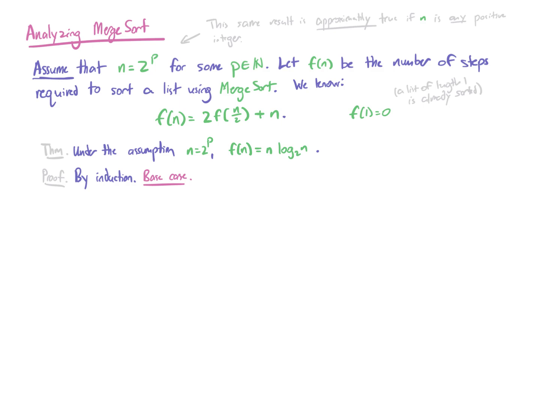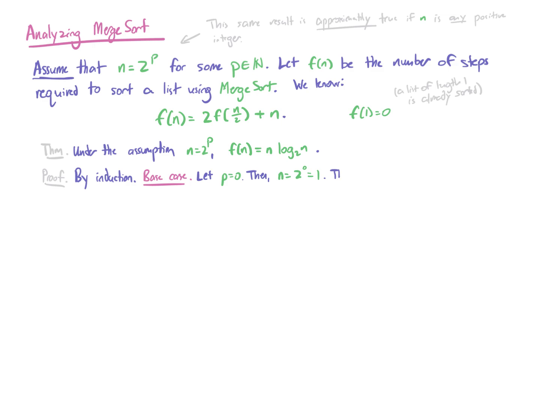So in my base case, I'm going to say let p equal 0. Then what's n? n is 2 to the power p. So n is equal to 2 to the 0th power, which is equal to 1.